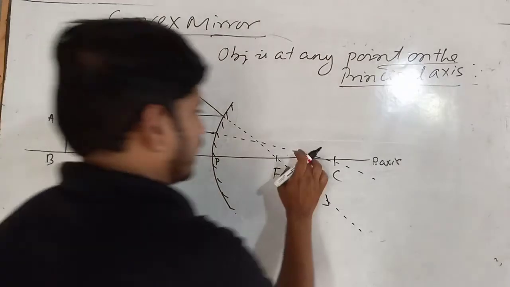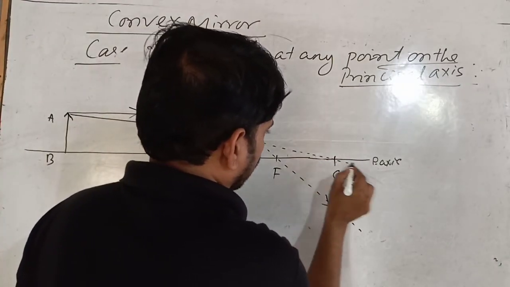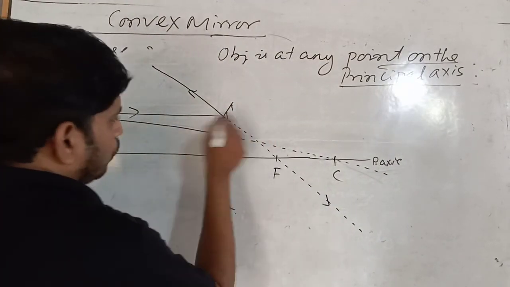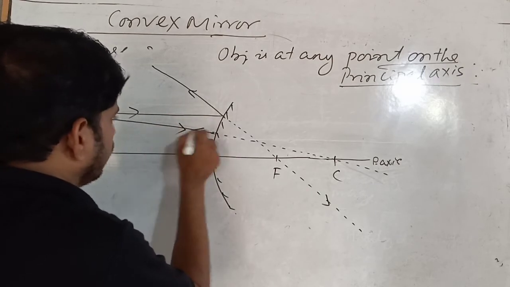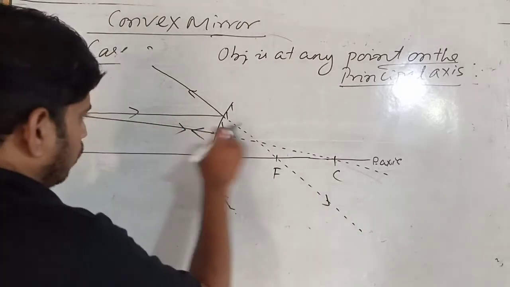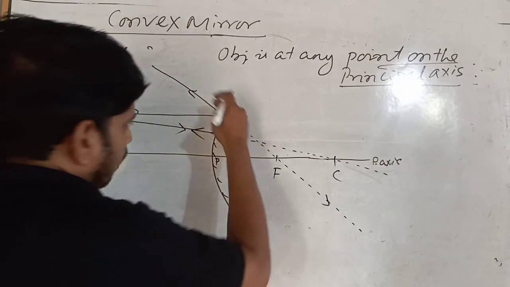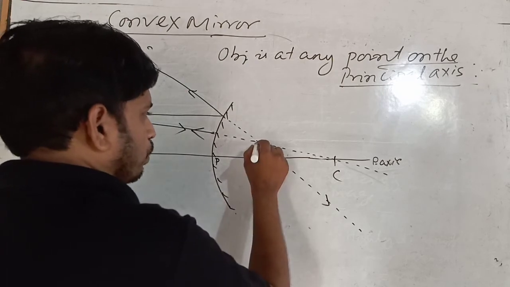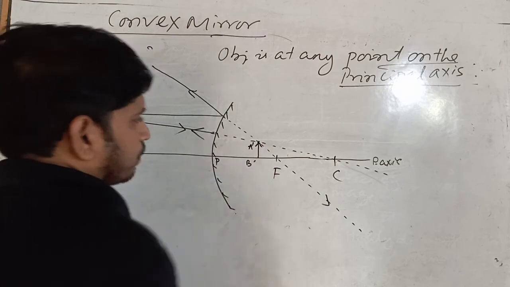So this is intersecting C, and as it is going through C, it will retrace its path, as the incident and reflected rays are the same, and this is the second reflected ray. So both the rays meet somewhere here. So the image will be formed here, A dash, B dash.